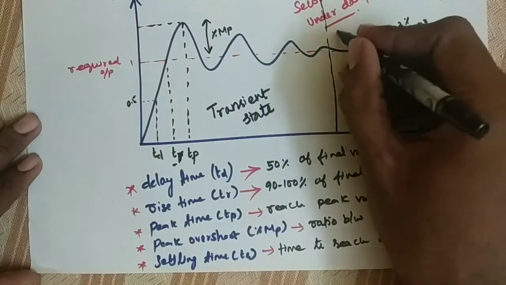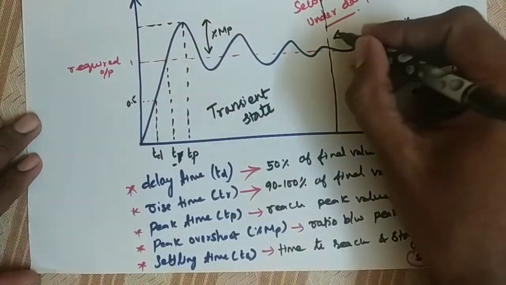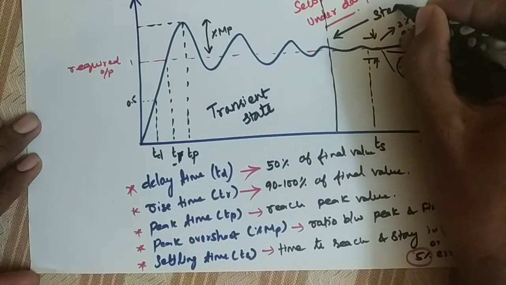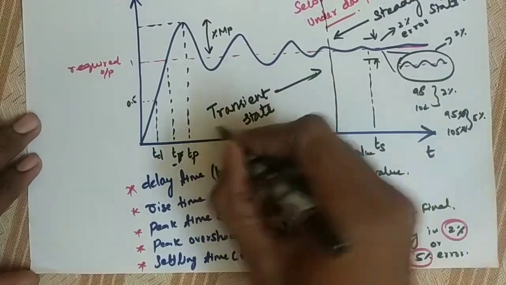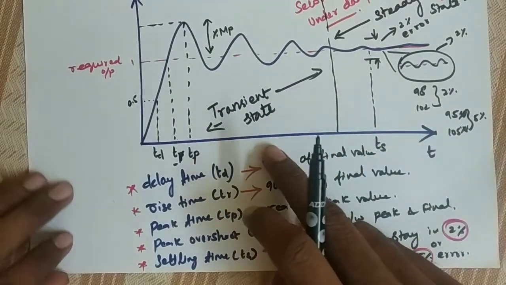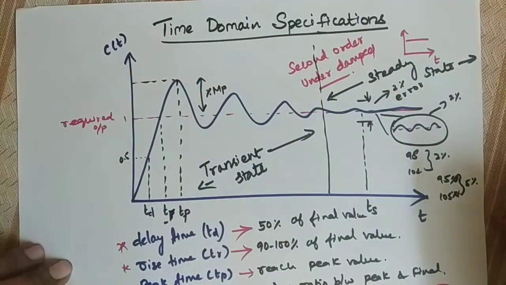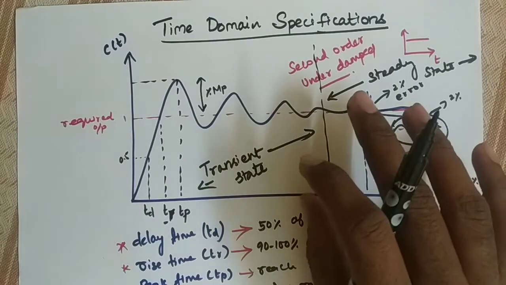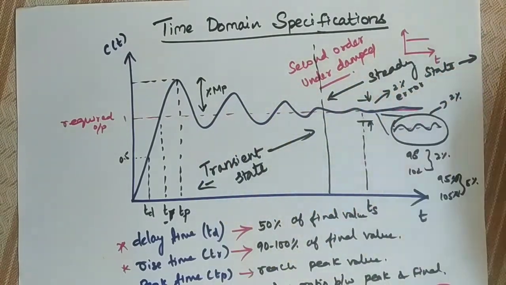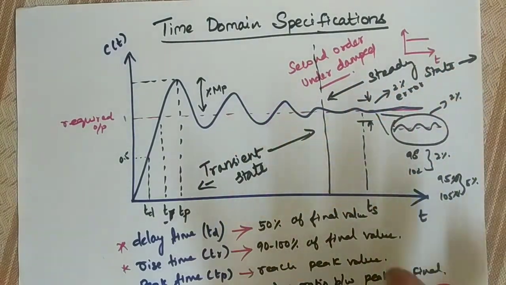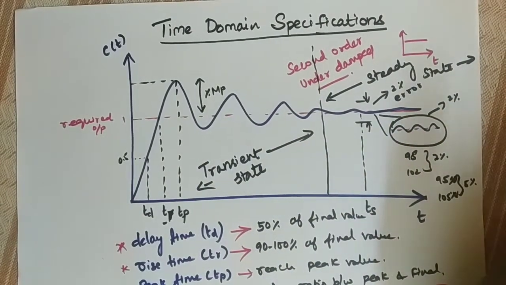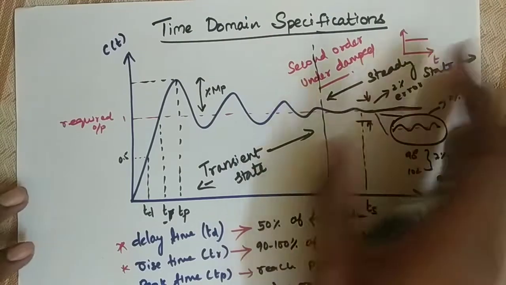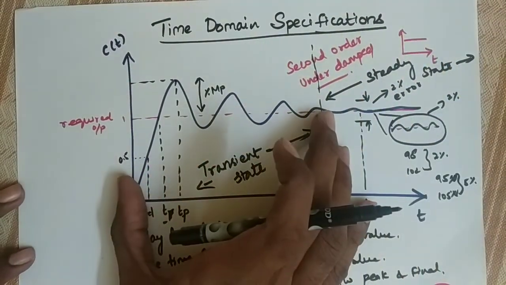After this period, this is an assumption actually, this is what we call the steady state. Transient state is somewhat oscillative. Steady state is the system producing the output with minimum allowable error, 2% or 5%.